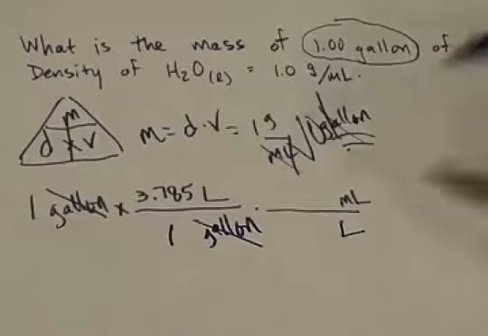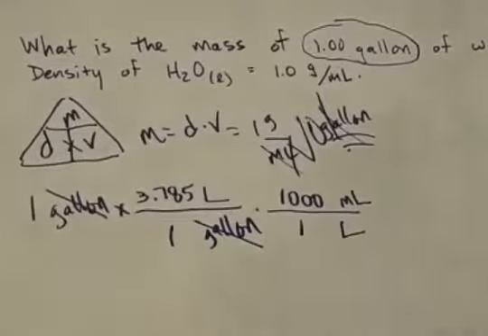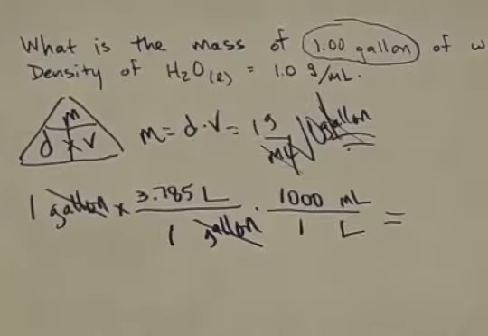So there's 1,000 millis in 1 liter. So if I multiply these together, I'll end up with my volume in milliliters.